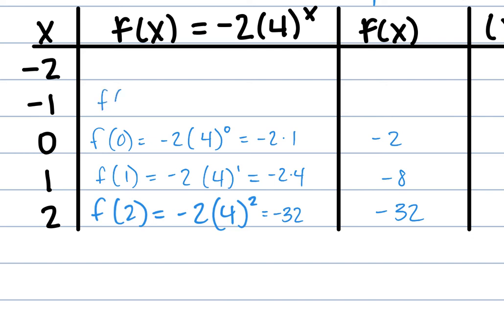Negative 1, f of negative 1 is going to be negative 2 times 4 to the negative first power. So that 4 is now going to get flipped to be 1/4. So this is negative 2 times 1 over 4, which is negative 2 over 4, okay? That simplifies to just give me negative 1 over 2.